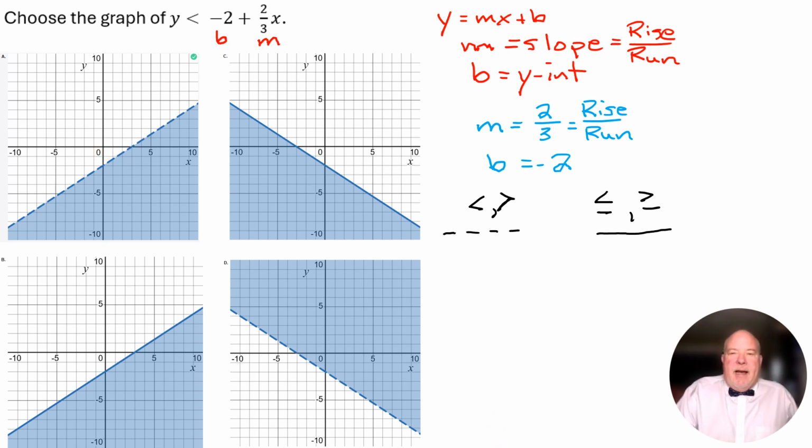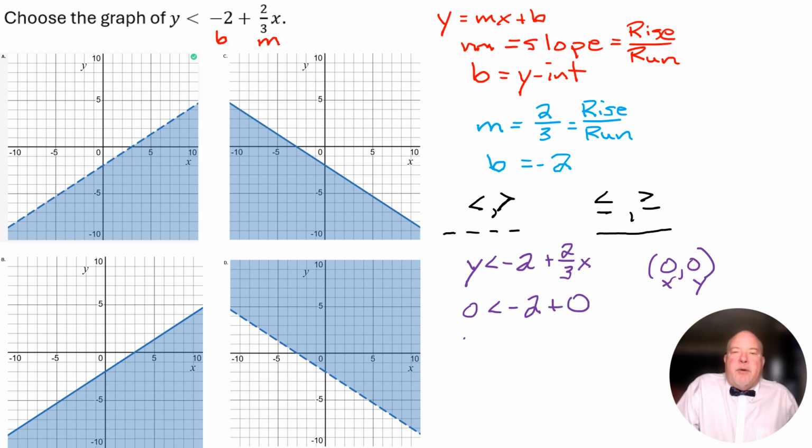So let's take our inequality: y is less than -2 plus 2/3 x. I'm going to plug in the point 0, 0 and see if it's a solution. I plug in 0 for x and 0 for y. So I get 0 is less than -2 plus 2/3 times 0, which is just 0.